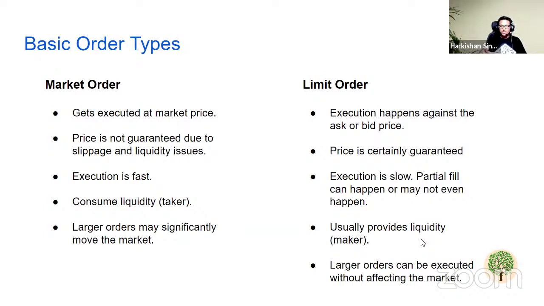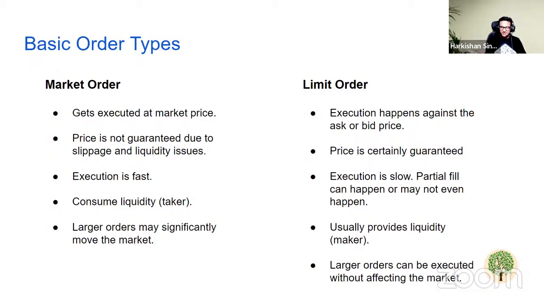You might also place a very large order all at once, and you might not need to break it into child orders. If you don't have the knowledge and you're just placing a large limit order, it will eventually get executed, but it would be slow.